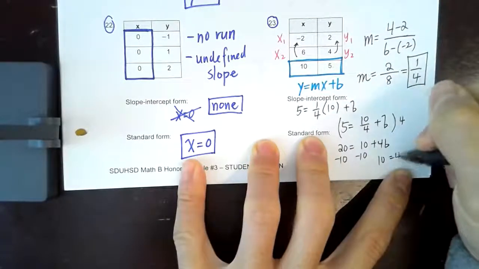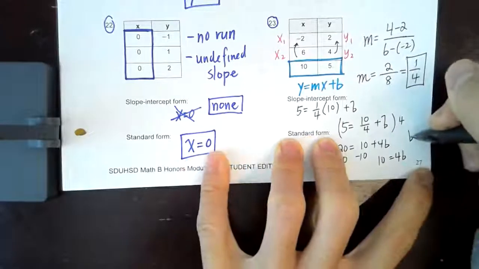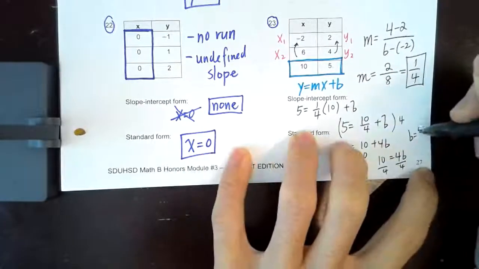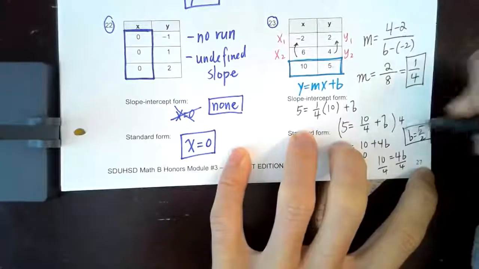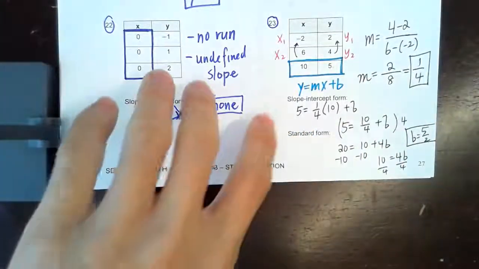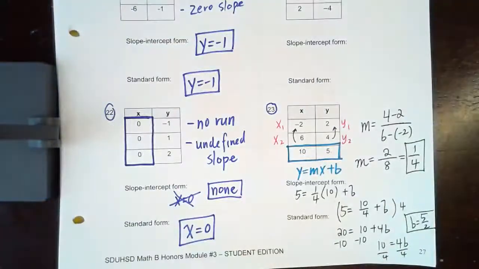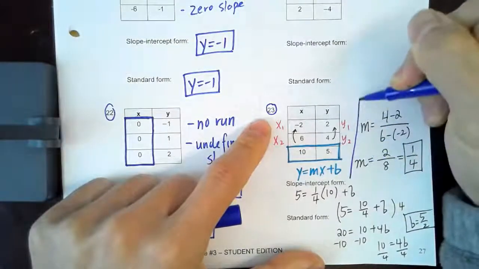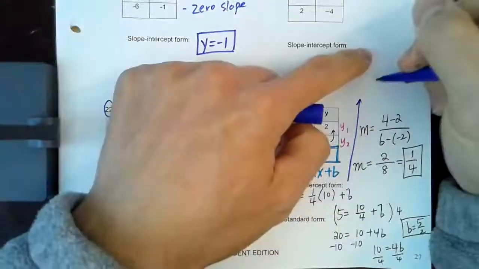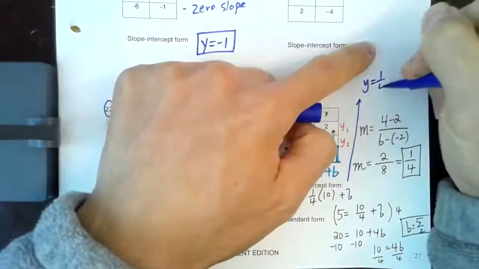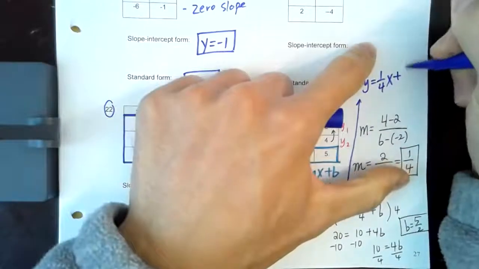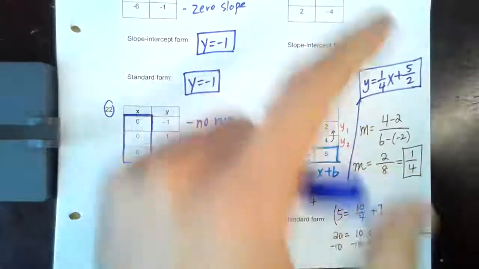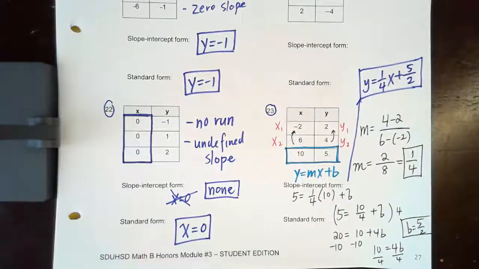Just for fun, this probably is not the route that you would want to go, but 10 is equal to 4b, and that means b is equal to 10 divided by 4, which is 5 halves. Maybe not the best route. I apologize. But final answer for slope-intercept form is y is equal to 1/4 x plus 5 halves.